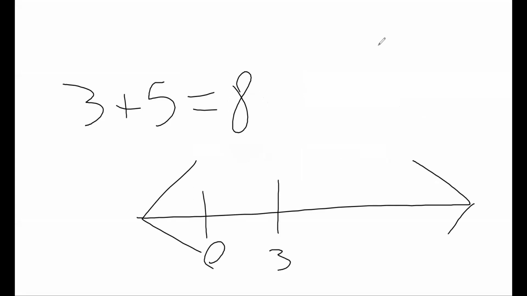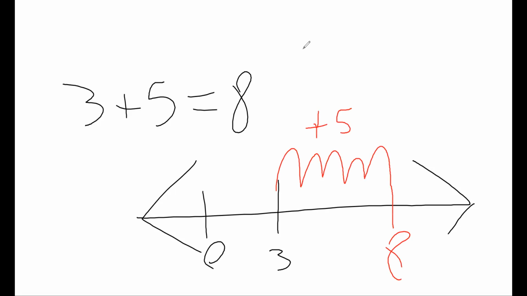When you add a positive number, so I'm adding 5, you're saying go 5 more units to the right than where you started. So I go 1, 2, 3, 4, 5, and that naturally gets me to positive 8. So I added 5 units onto 3, and you get 8.